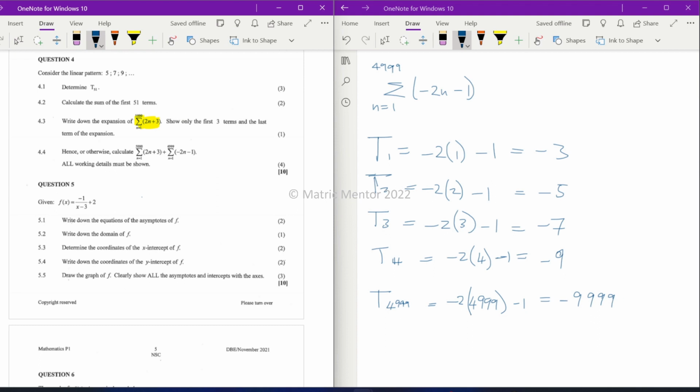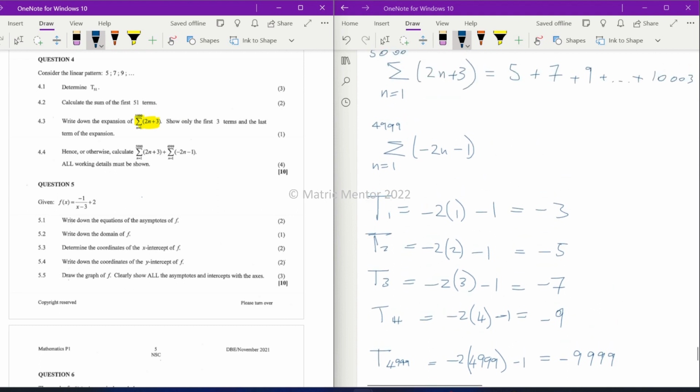Okay, so this second sum of function starts at -3, then -5, then -7, then minus all the numbers up until -9, then minus all the numbers in between up until the last value, which is -9,999.